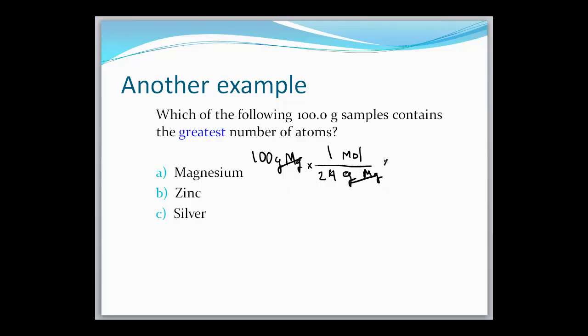Now we have moles, and then we're going to say 1 mole magnesium, 6.02 times 10 to the 23rd atoms. Moles cancels, so 100 divided by 24 times 6.02 times 10 to the 23rd gives us 2.5 times 10 to the 24th.